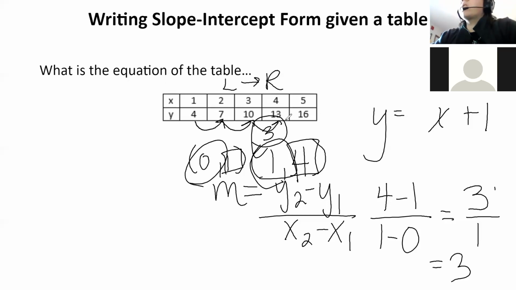So you just look at how the y's are changing, and that turns into your slope. Or you can pick 2 points off of there and do that formula. Does that make sense, guys? If it doesn't, let me know. Happy to explain further.